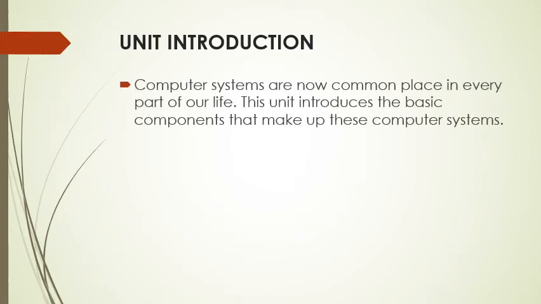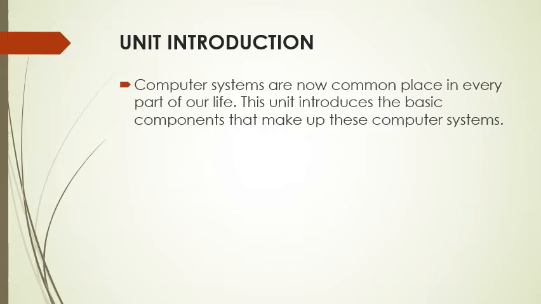Okay, introduction about this unit. What a computer system is. Right now we will talk about a system. A collection of parts which are interrelated or connected with each other is known as a system.